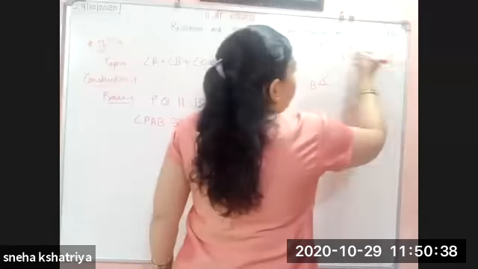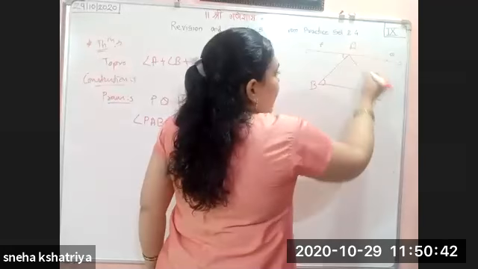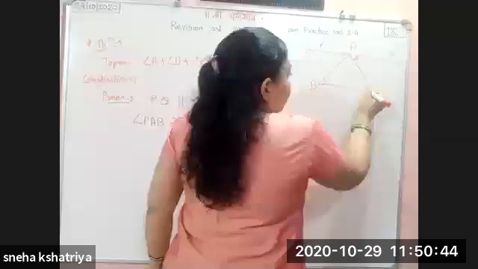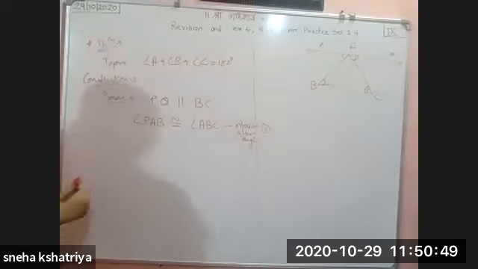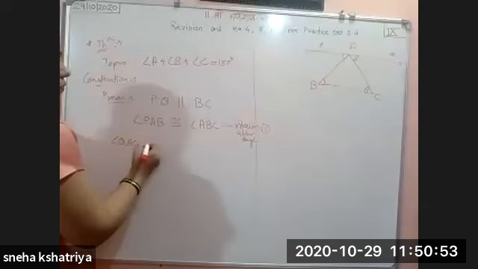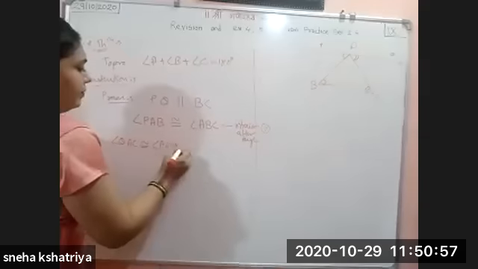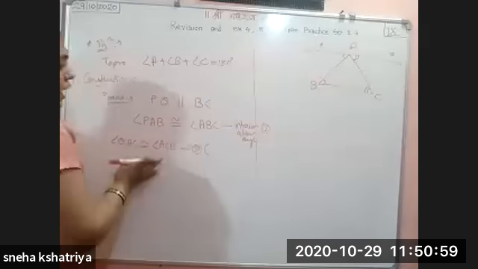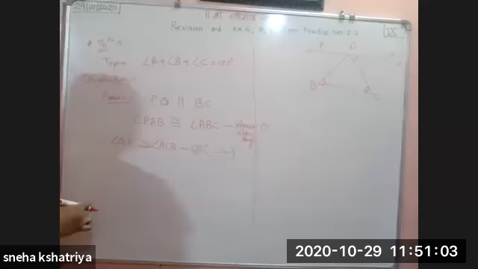Similarly, QAC and ACB, these two angles are also alternate angles. Angle QAC is congruent to angle ACB. Equation 2, again the same, interior alternate angles.